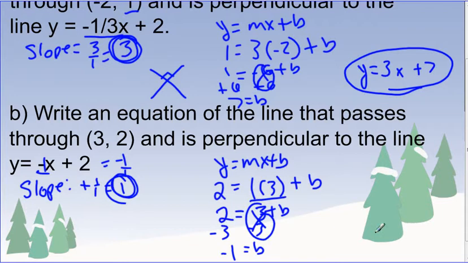And last thing, we just rewrite the darn thing. So y equals, our slope is 1x, our intercept is a negative 1. This line is perpendicular to that line because they have the opposite reciprocal slopes, and this line goes through that point.